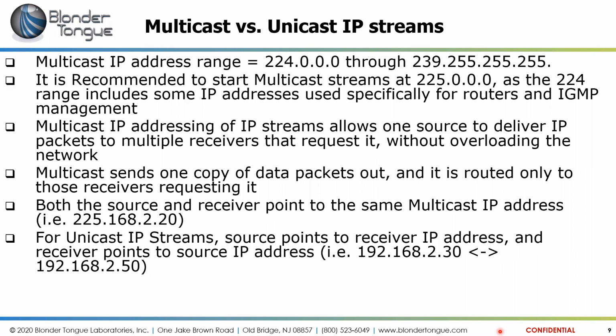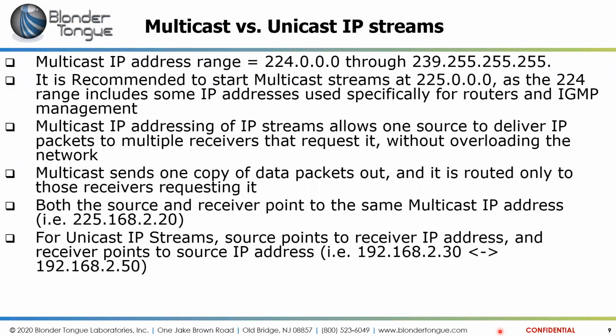Think of this as a virtual IP address floating out on the network that the source points the IP stream to, and then anybody on the network who wants to view a copy of that also points to that same IP address.